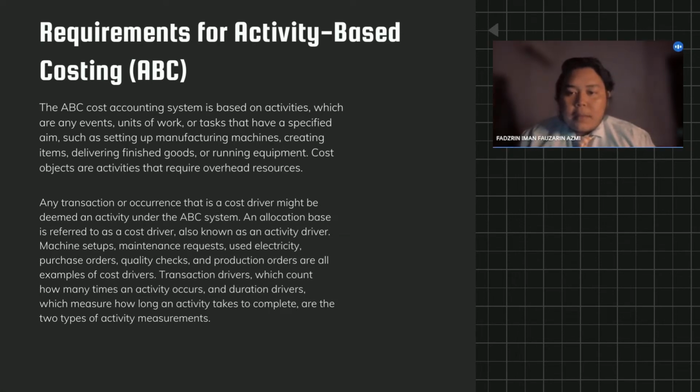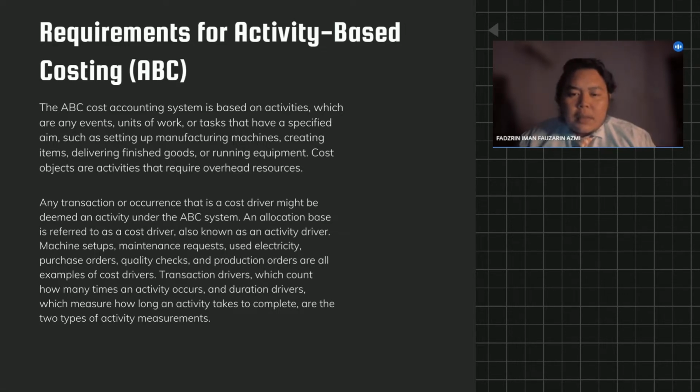Requirements for activity-based costing. The activity-based cost accounting system is based on activities, which are any events, units of work, or tasks that have a specific aim, such as setting up a manufacturing machine, creating items, delivering finished goods, or running equipment. Cost objects are activities that require overhead resources.